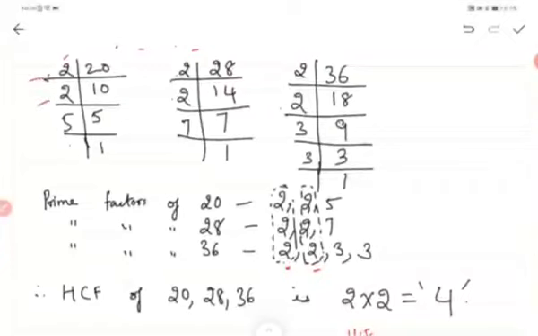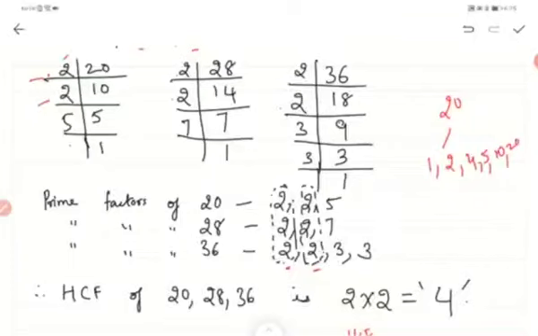So what are prime factors? Prime factors are those factors which are, see, for 20, what are the factors? You have 1 first, and then 2, then 4, 5, 10, and 20, isn't it?